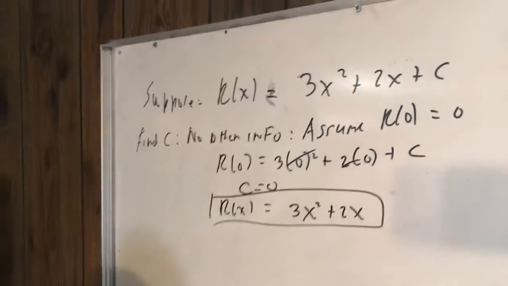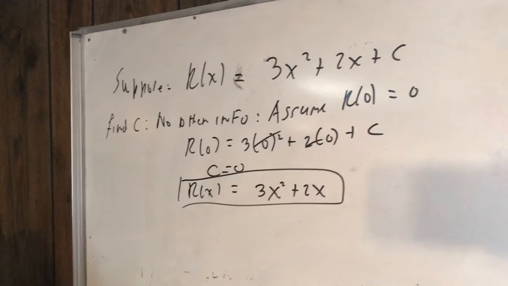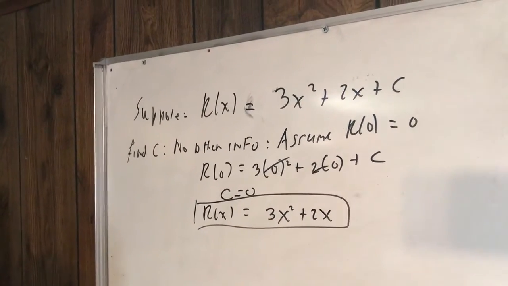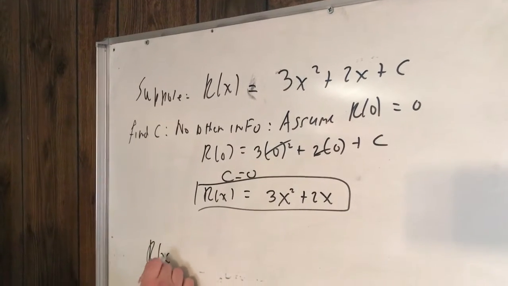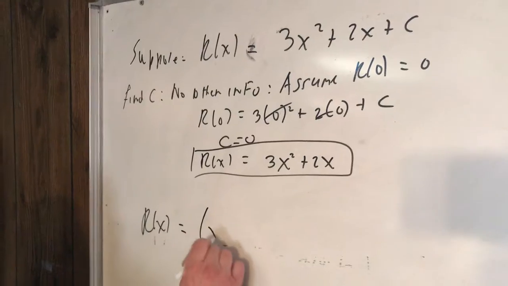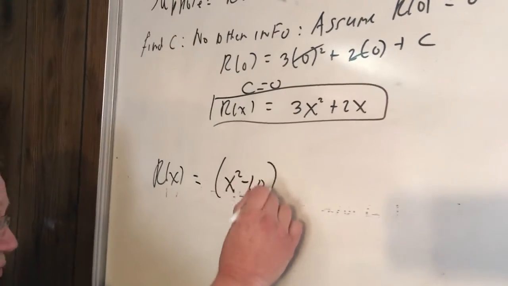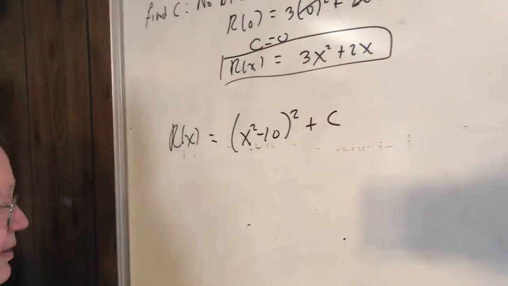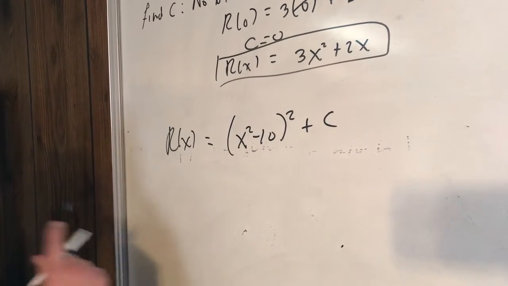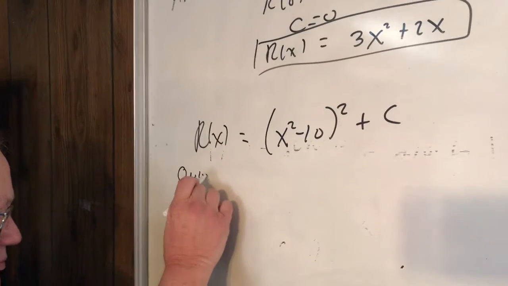Now let's look at another one just for completeness' sake. Suppose I have this revenue function, R of x equals (x squared minus 10) squared plus C. Now, I'm not given any information. This only holds for revenue.